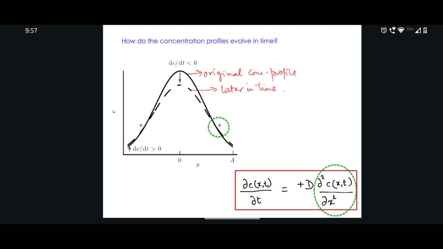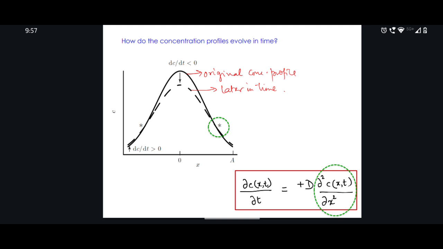Yeah, no, we are looking at the left side. How will the right side determine the left side? What is said here is that, look here, if dC by dt is negative, which means the concentration will go down in time. And if your right side is positive, the concentration will go up in time.